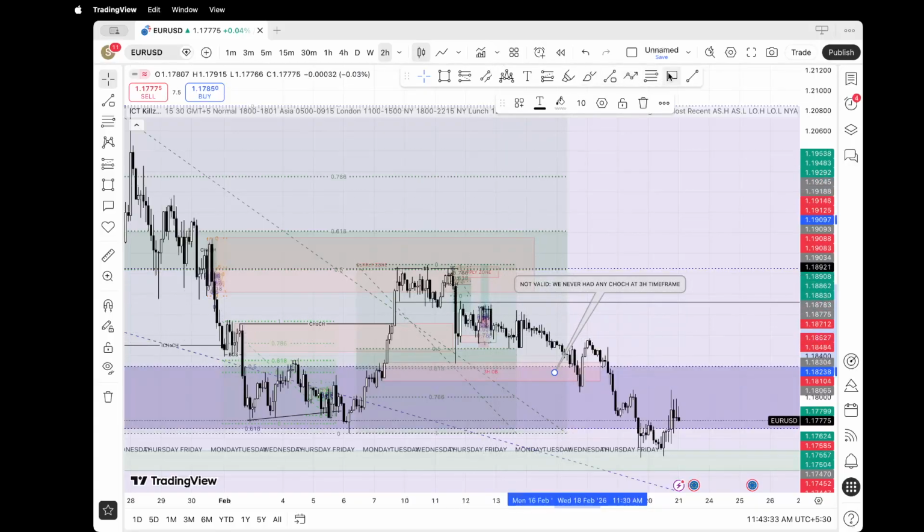The second mistake was that we entered the trade in the wrong zone. We entered a buy trade in the discounted zone.